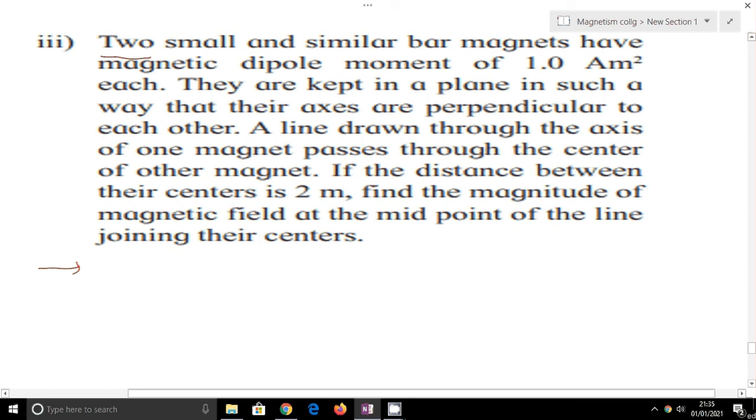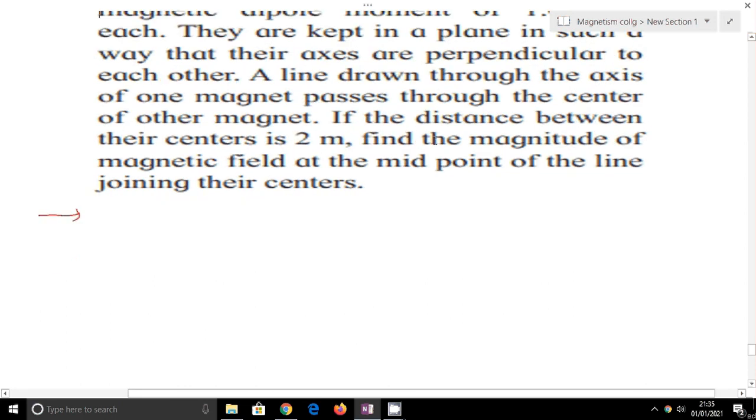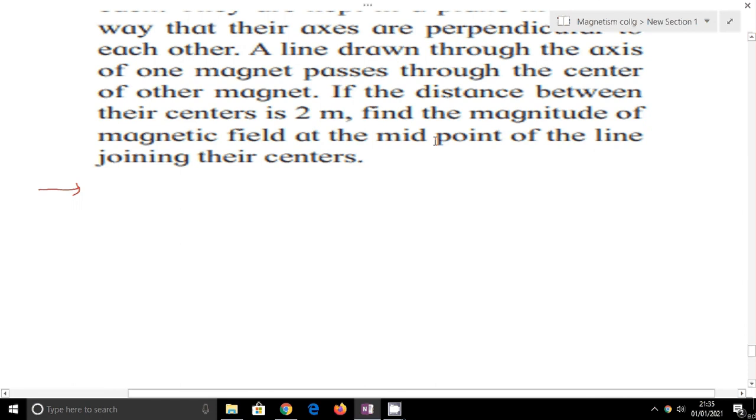Here, another condition is given: if we draw a line through the axis of one magnet, then that line must pass through the center of the other magnet. If the distance between the centers of the 2 magnets is 2 meter, then find the magnitude of magnetic field at the midpoint of the line joining their centers.